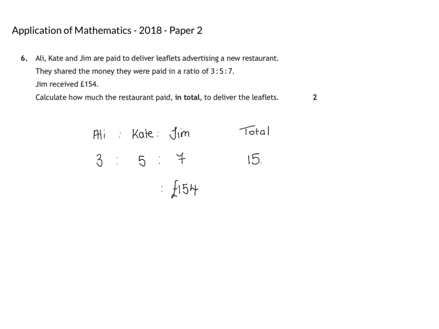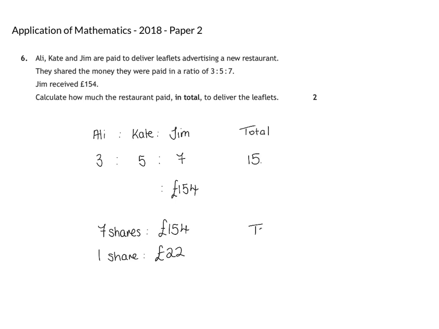So there's a few different ways to do this. We could work out how much Ali and Kate both get and then add them together with Jim's, but I think the way that makes most sense is we know that 7 shares is £154, so we can work out 1 share, which is going to be £22.